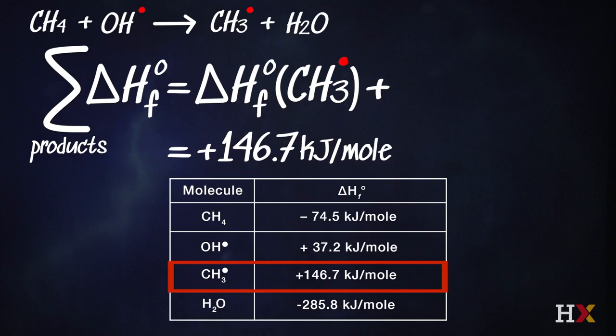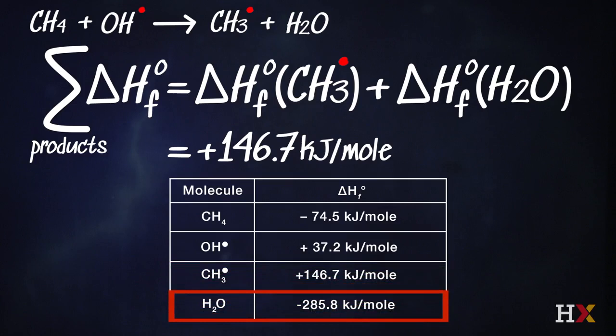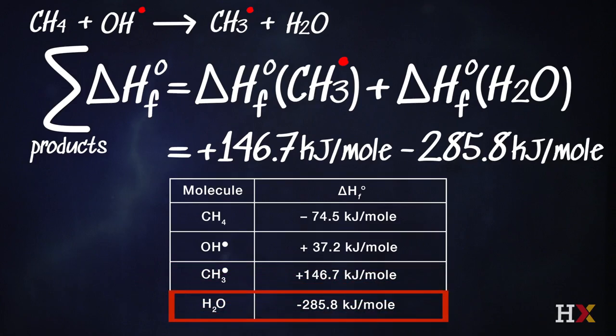Now we need to add to that the enthalpy of formation of water. When we look water up in the table, we see it has an enthalpy of formation equal to minus 285.8 kilojoules per mole.